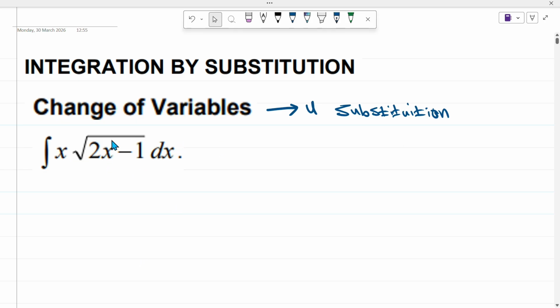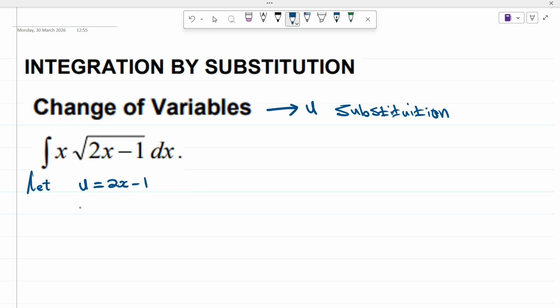That means we're going to rewrite our given integral in terms of U now. We always let something that is inside the brackets or inside the root to be our U. For this case, we're going to let U be equivalent to 2x minus 1.